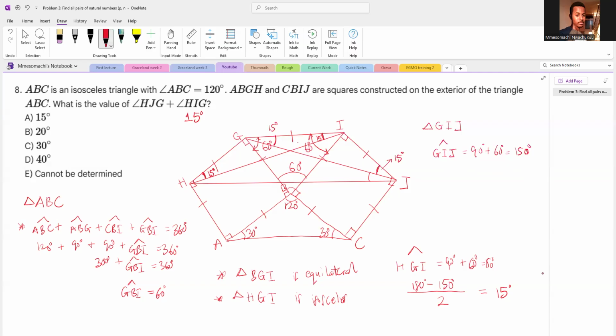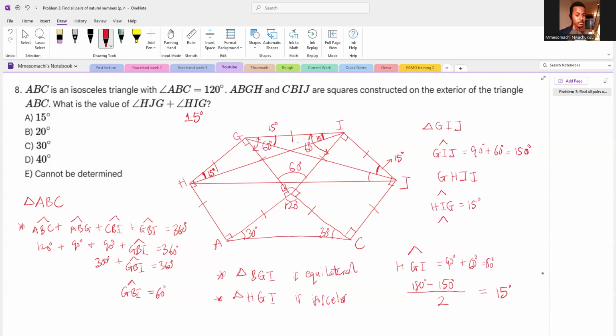So what can we see immediately? If you look at quadrilateral GHJI, we have that angle HIG is equal to 15 degrees.